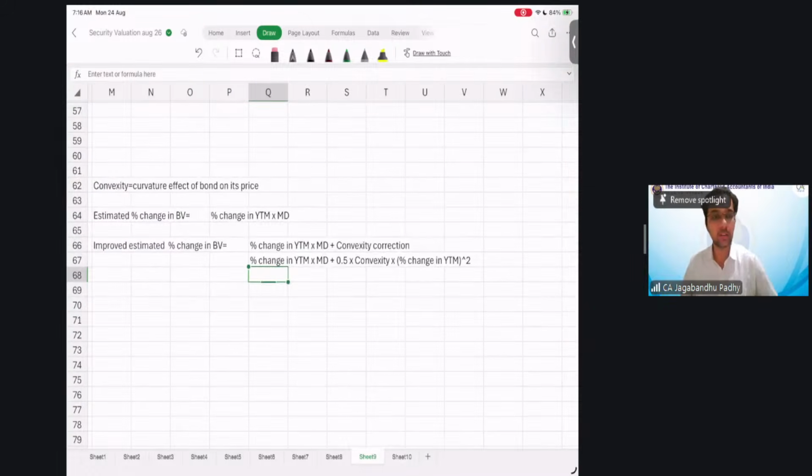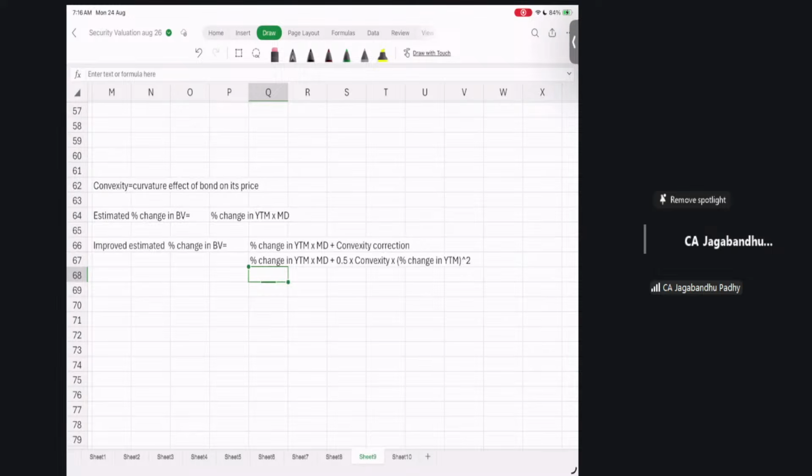So improved percentage change in bond value is going to be calculated like this. Once we calculate this, we will observe that the error is actually eliminated to a great extent.